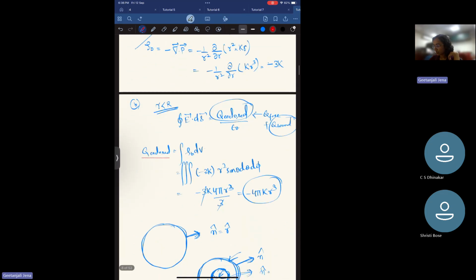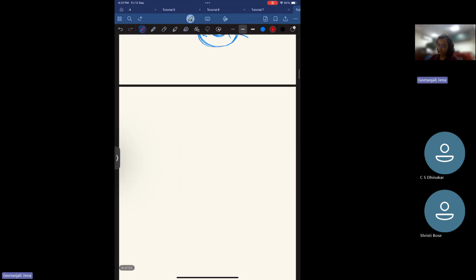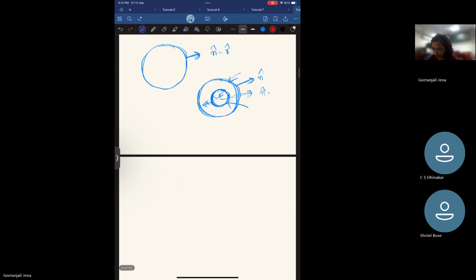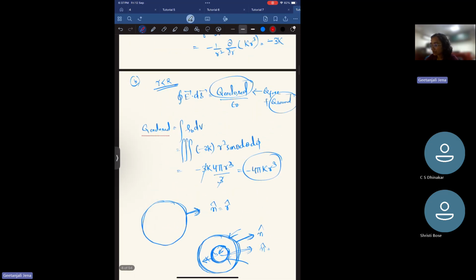We were here, I think. Okay. So, we're trying to calculate what the field is. As I said, Q free was not given, so we take the contribution from Q bound. If you consider a region for r less than capital R, there is only volume charge here.